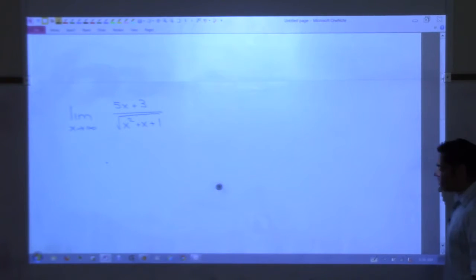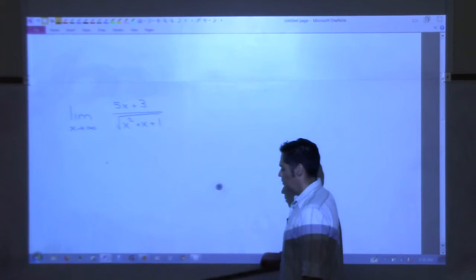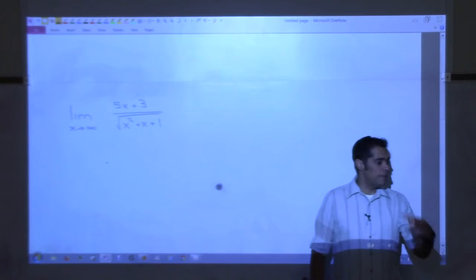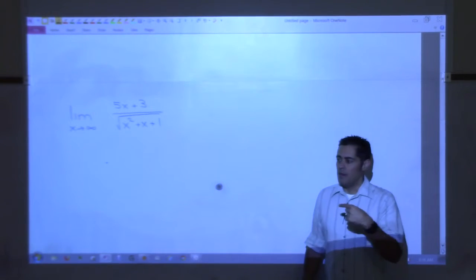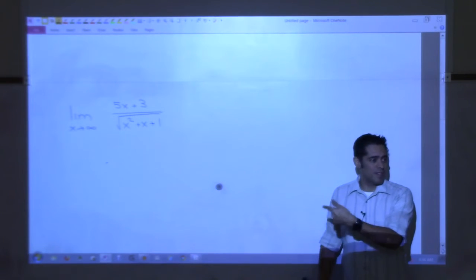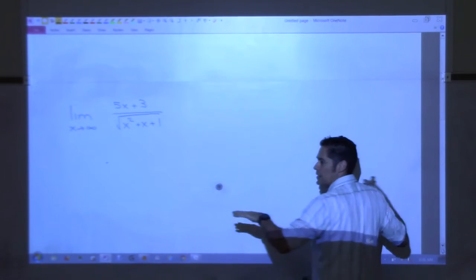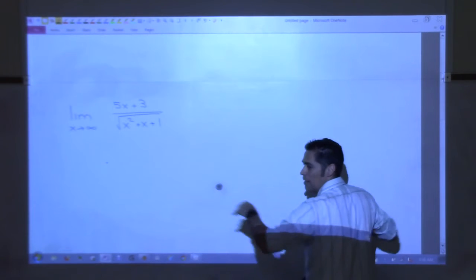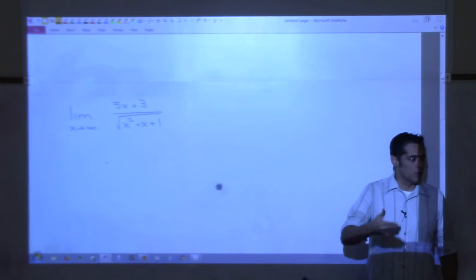All right, so in college algebra, when you were studying rational functions and you were trying to find the horizontal asymptotes, what you were actually doing was taking the limit as x went to infinity and negative infinity to try and find those. But in college algebra, they gave you shortcuts.